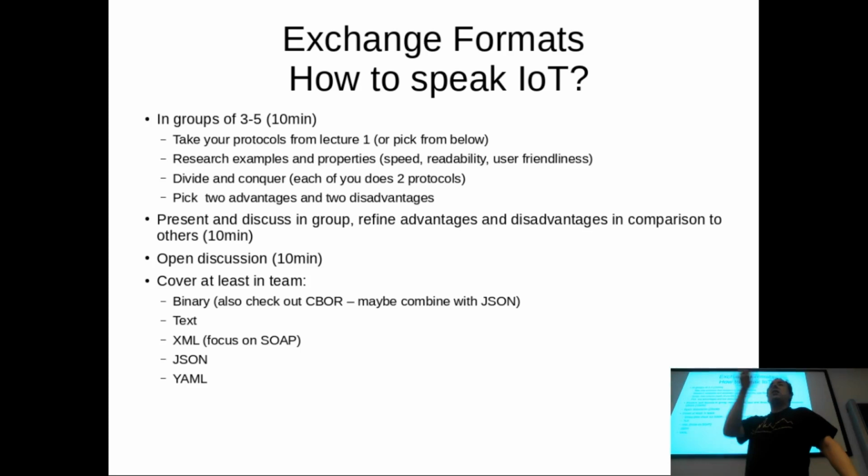Each group member does 2 protocols, and you can have one protocol several times. Basically 5 minutes per protocol. Then for discussion purposes, pick 2 advantages and 2 disadvantages of the protocol you have, and present it inside your group in the second session and try to sell it. Good, then let's go. 10 minutes.